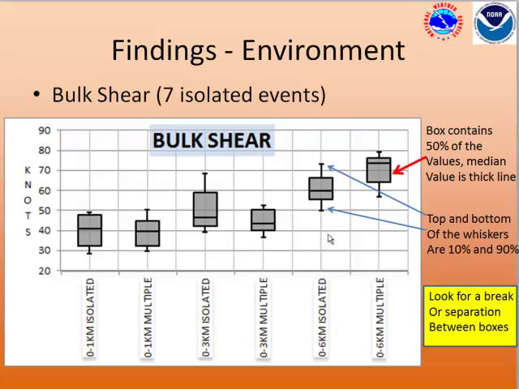Now, when we looked at 0 to 6, which is again 0 to about 20,000 feet, the isolated events had a median of 60, but in the multiple events, the median was well into the 70s, if not 80. This box and this box have very little overlap, so we might be finding something here. This is the first one that says, hey, this might be important, but it's not a whole lot of data. It's very preliminary.